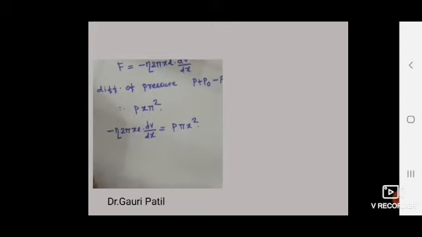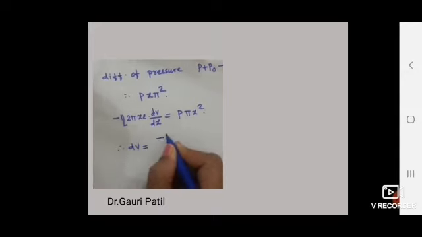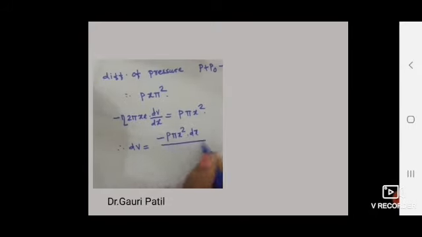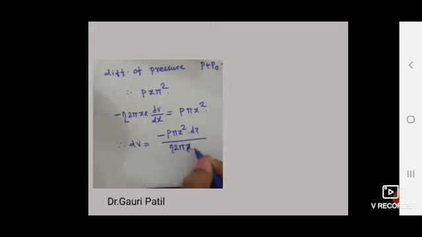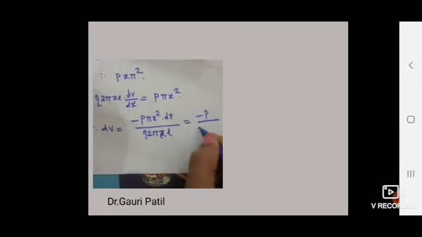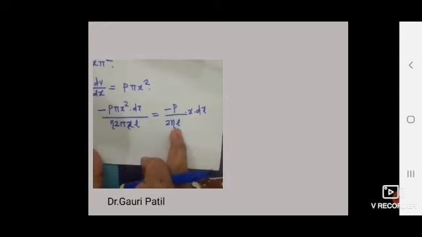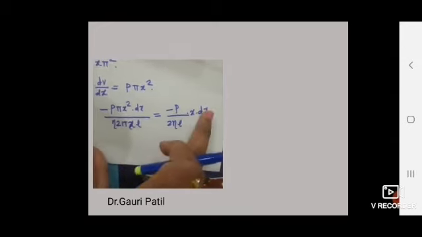So from this equation we can write dV is equal to minus P pi x square into dx upon eta into 2 pi x L, so we can write minus P upon 2 eta L into x into dx.